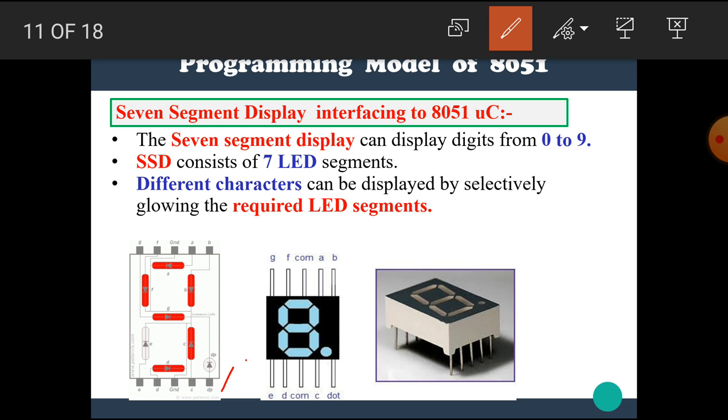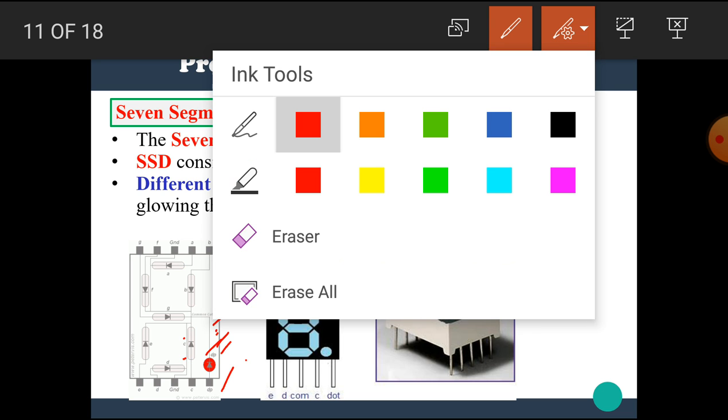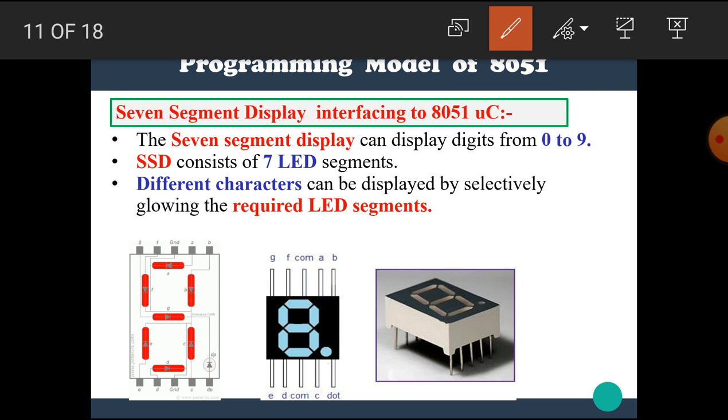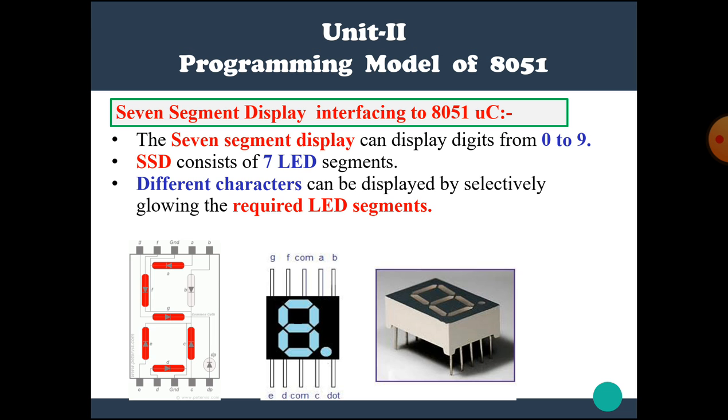Here 9 is displayed, 8, 7, 6, 5, 4, 3, 2, 1 and 0. I hope you all understand the 7 segment display.